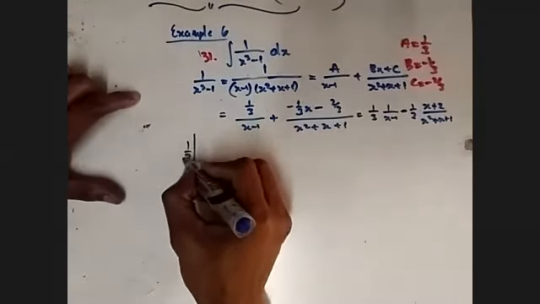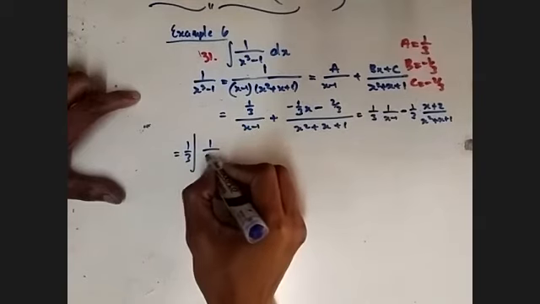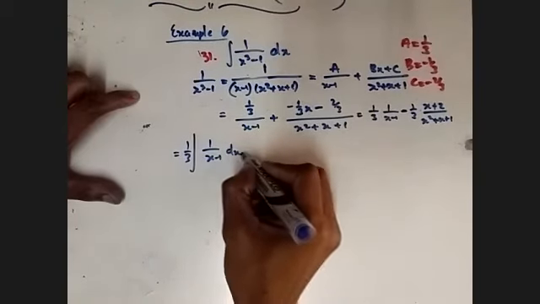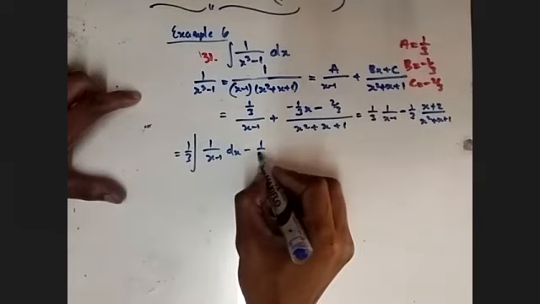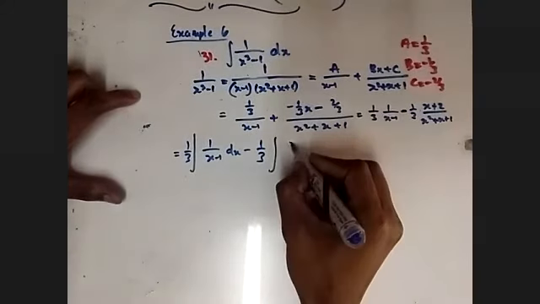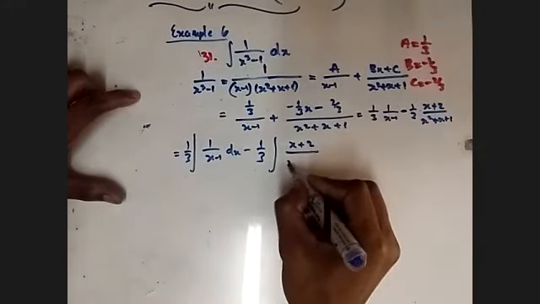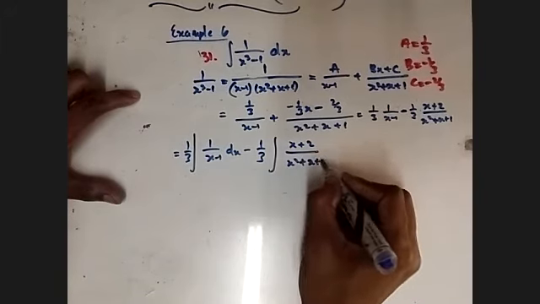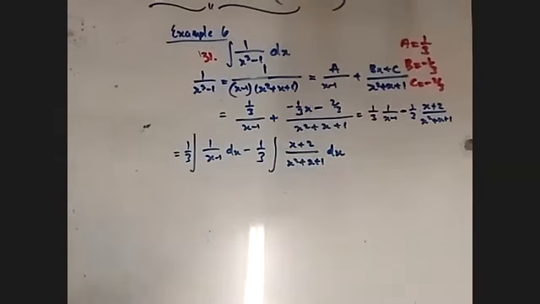So it becomes 1/3 times the integral of 1 over x minus 1 dx, minus the integral of x plus 2 over x squared plus x plus 1 dx.